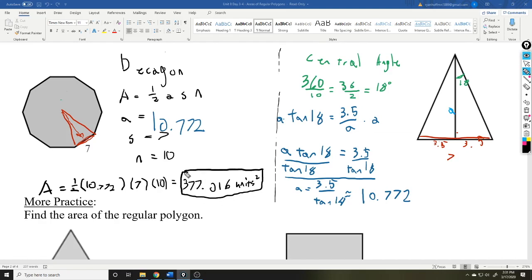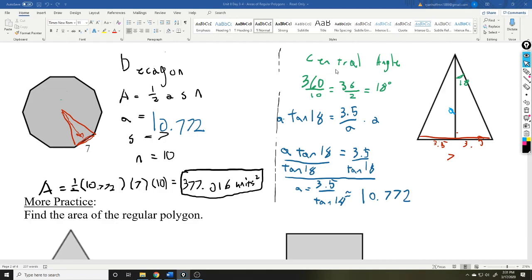Okay, so I want to just walk us through what we did again, and I'll write this out in just a second. But we looked at what kind of shape we had, and then we're using the same formula every time. Then from there, we're writing down what things do we know. Again, number of sides, we usually know because we're looking at the shape. Then we're figuring out what piece we need to solve for.